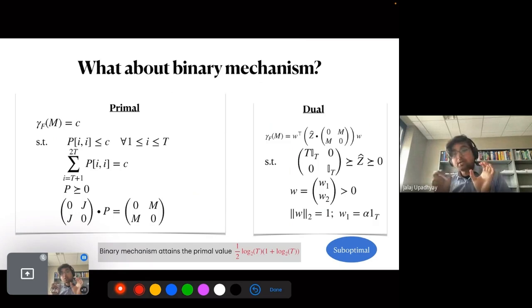If I calculate the Frobenius norm of the left factor and the column norm of the right factor R, I can evaluate this to be exactly this value. It's simple counting. And as we have shown, this is suboptimal when you are concerned with constants. So the binary mechanism is provably suboptimal with respect to constants.